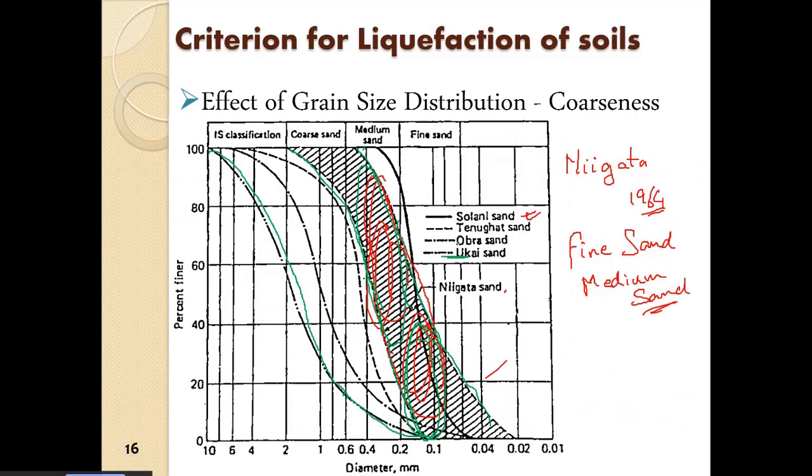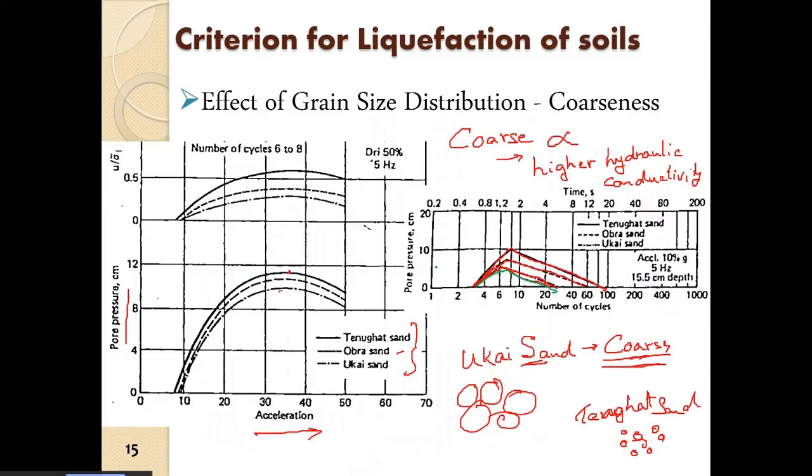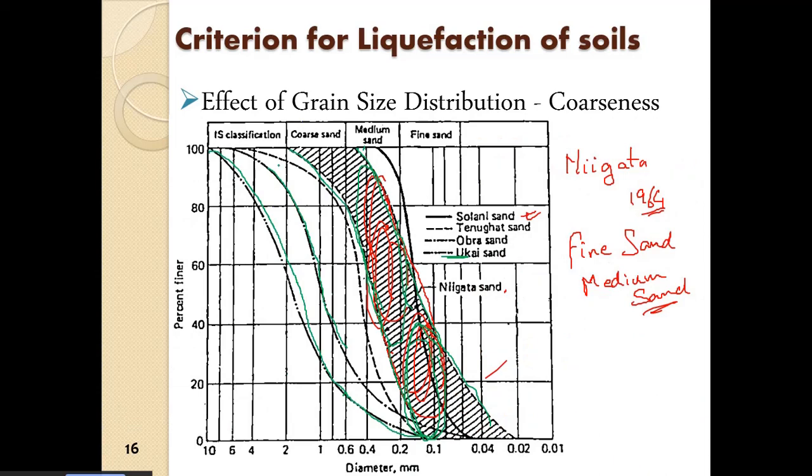Right, then we have the Obra sand. So this is the Obra sand, followed by the Obra sand here. Then we have the Tenugat sand. Now compared to Ukai, Obra and Tenugat sand, the Niigata sand is also very much uniformly distributed.